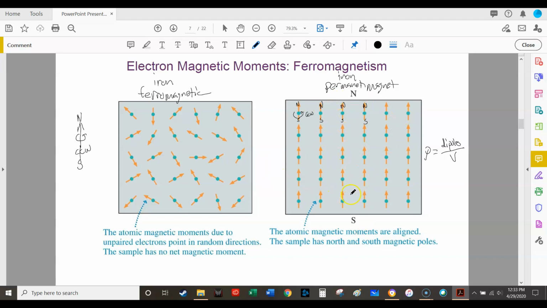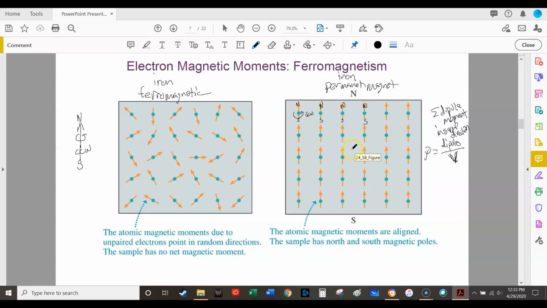So it's a density of the magnetic dipoles pointed in the same direction. Or you could also say it's the net dipole moment per volume.